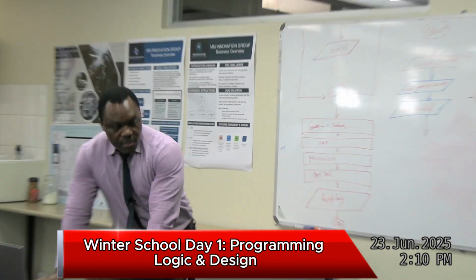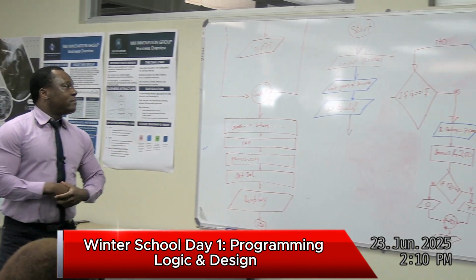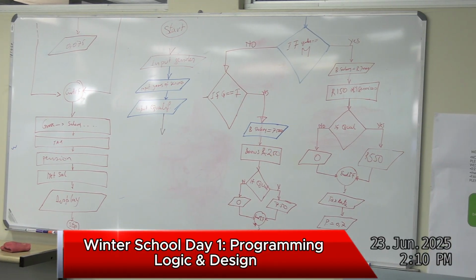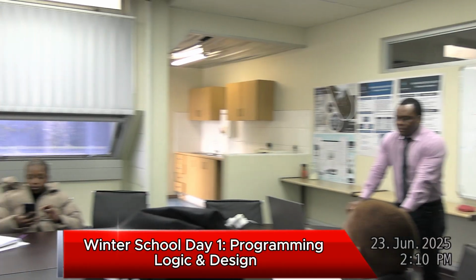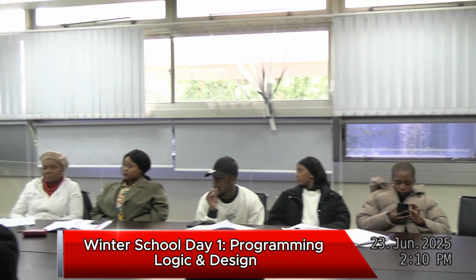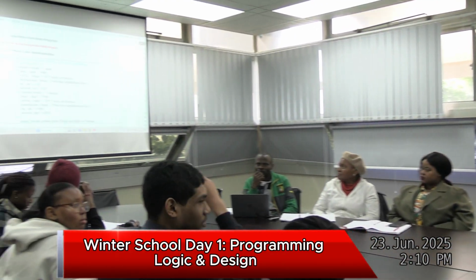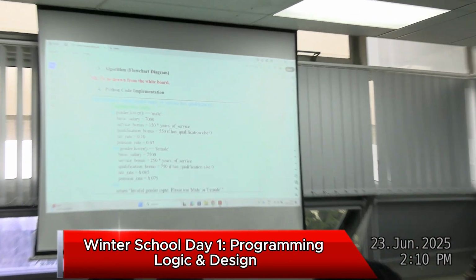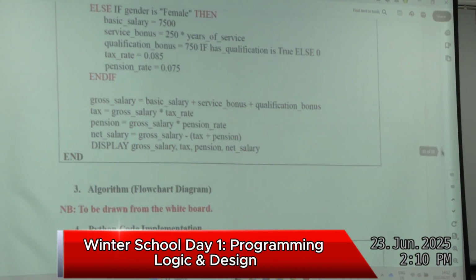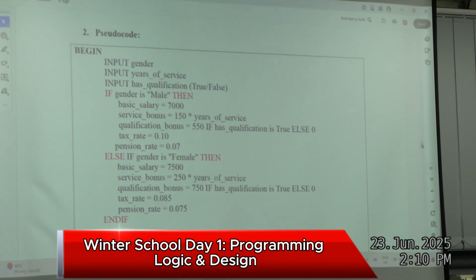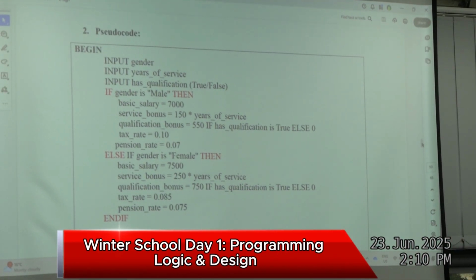Okay. Question? Yes, sir. For the code, when you want user input, like for them to enter years of service, where would that go, sir? Based on your pseudocode, which is there, you can start doing all those things. Enter, enter, enter. They are there. You have to put it. You can see my code, I just start from input. But you must have knowledge.